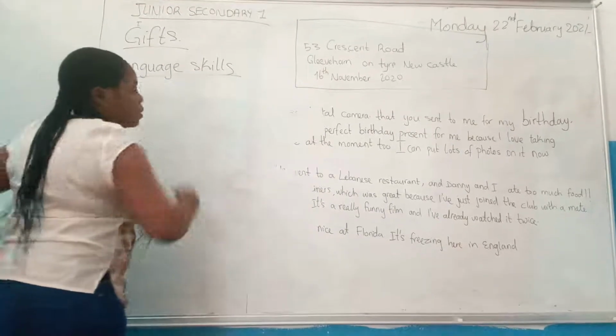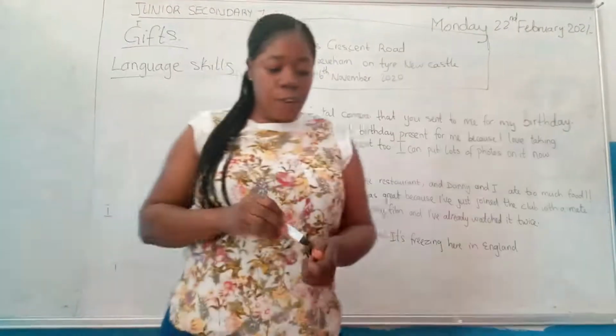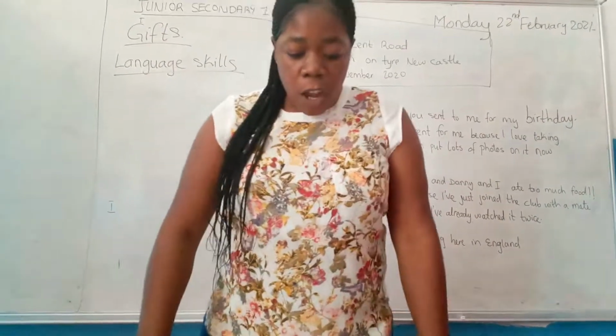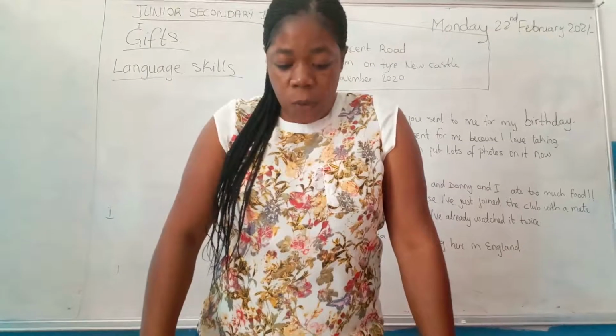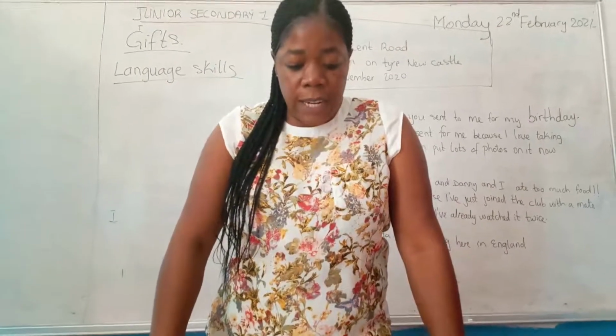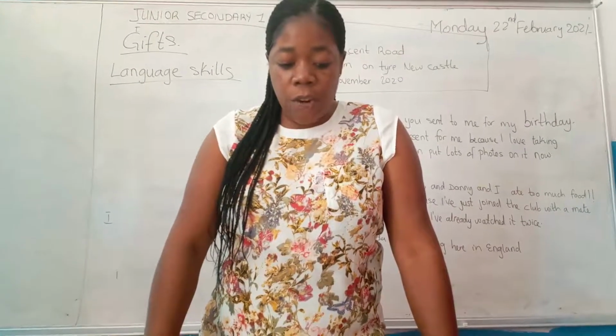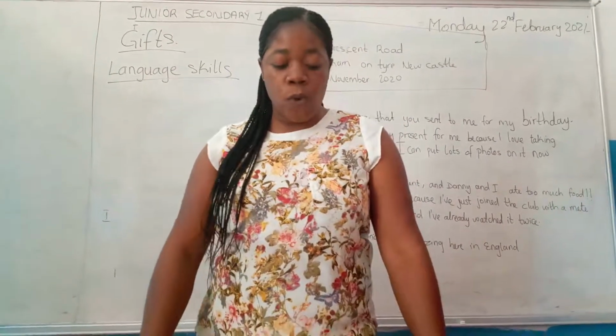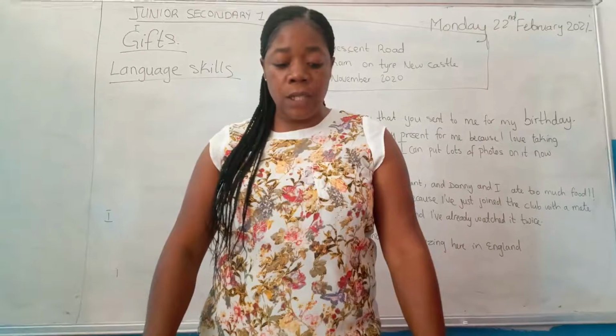Language skills. Let's have a revision of that unit. Number 1 says, complete the dialogue with the words from the box, then listen and check your answers. We are going to see a dialogue between two friends, Alex and James.